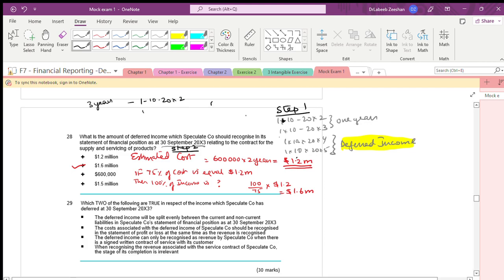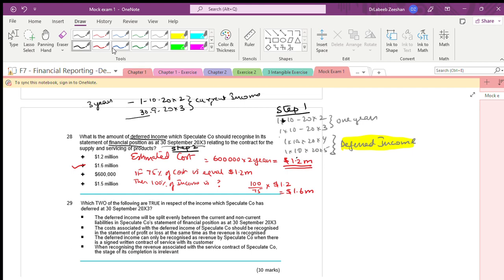Now they are saying 30th September 2003. This is the current income. We are not talking about the current income. They are asking what will be the deferred income that should be recognized in the statement of financial position.